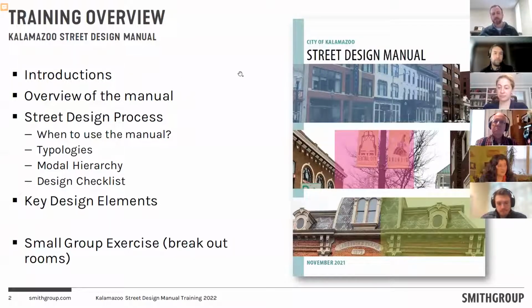As well as provide a checklist for our design projects to make sure that we're hitting every single topic, or at least considering every element when these projects are getting put together.